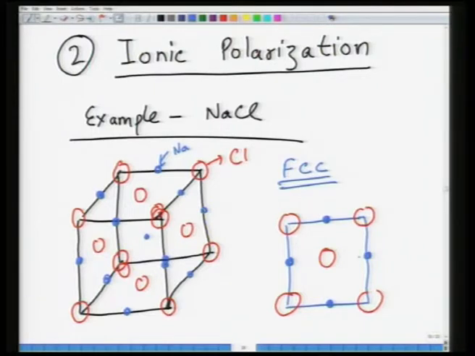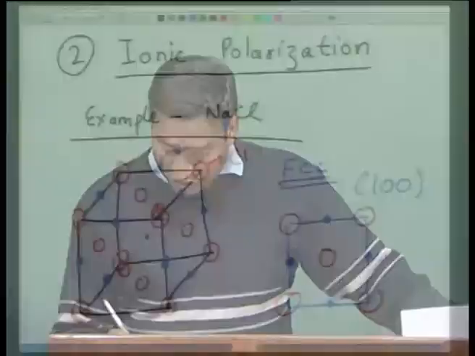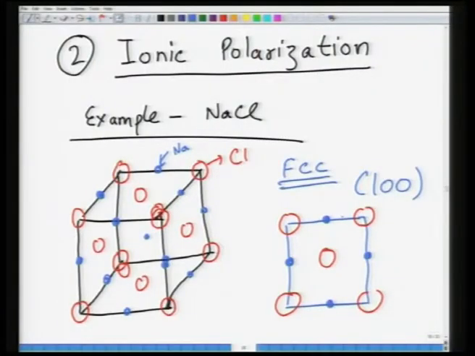On top of electronic or atomic polarization, which would anyway happen in this material, you can see that the centers of positive and negative charges are separated from each other. So this center and this center will form a dipole. Likewise, all the positive and negative ions, since they are separated from each other, will form a dipole.